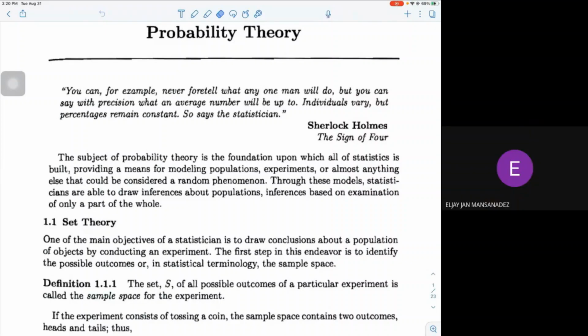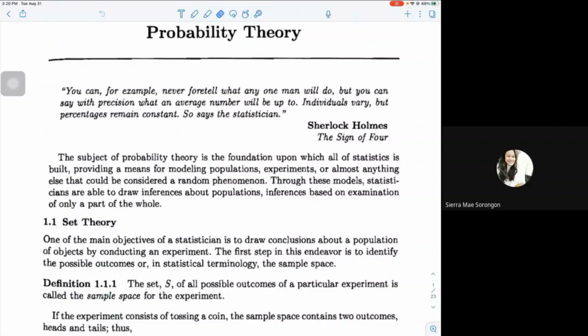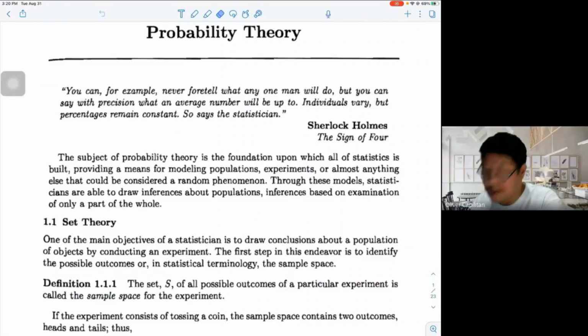Present, sir. Shera May Sorongon. Present, sir. Christine Torres. Present, sir. Thank you. John Ray Ilianan. Wala na si John Ray. Siya ganina.